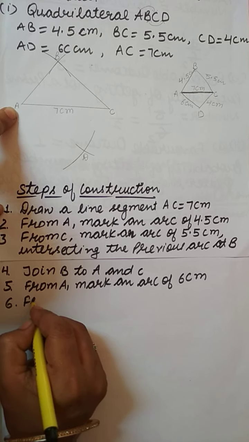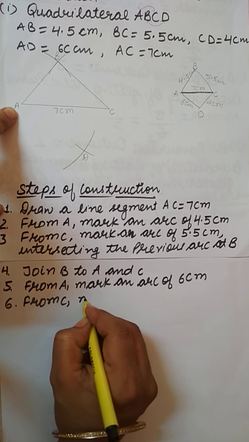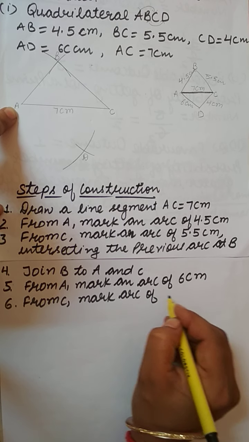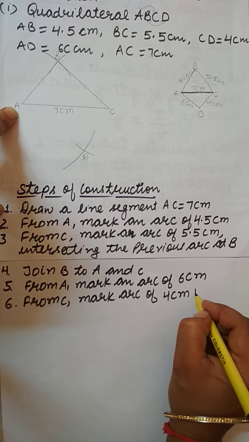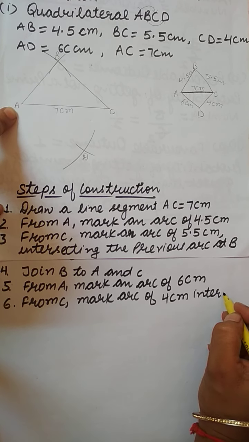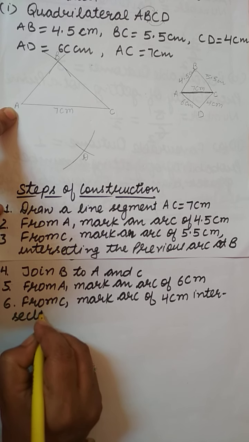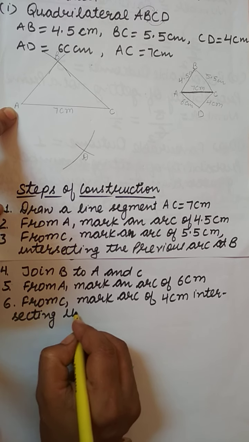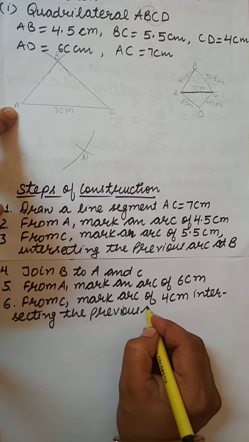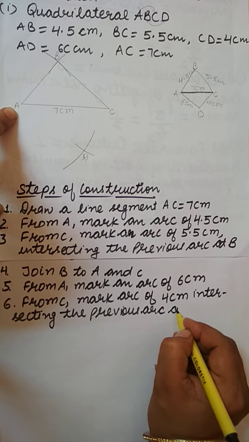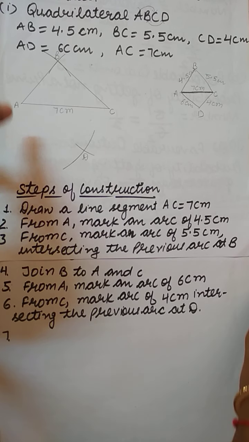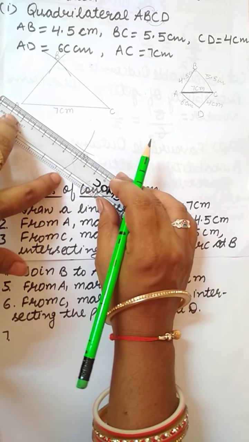Then from C mark an arc of 4 centimeter intersecting the previous arc at D. Now join D to A and C.